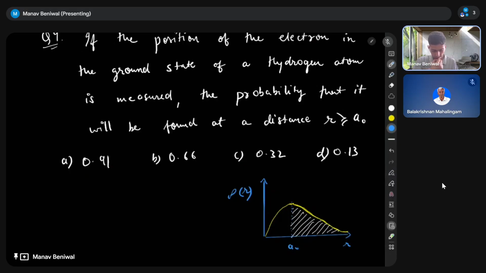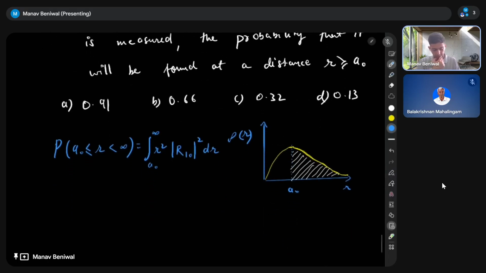Okay, so we can write that our probability P defined in this region, a naught to infinity, we can write as the limit a naught to infinity of r squared mod of R10, which is the ground state, dr. And we know that this R10 is nothing but 2 by a naught to the 3 by 2.